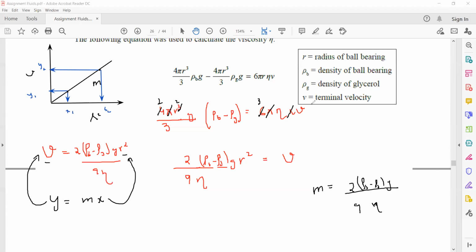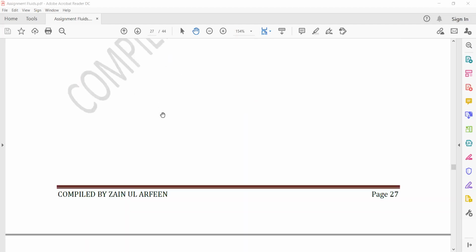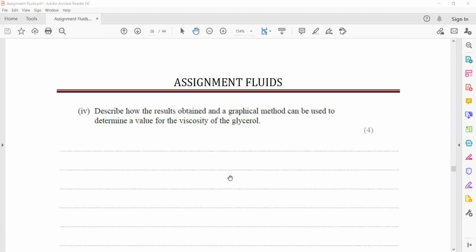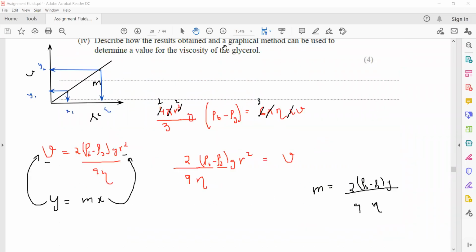Is it clear, the discussion of how to work out the viscosity of the glycerol? Same thing, we'll have the constants, and after getting the gradient, the densities are given, gravity is constant, so we can work out the viscosity. Is it clear, this part?